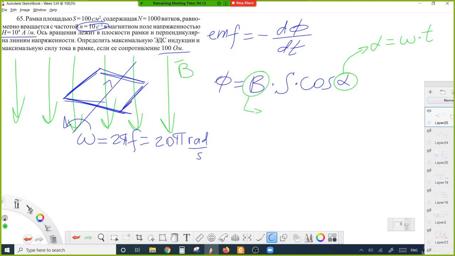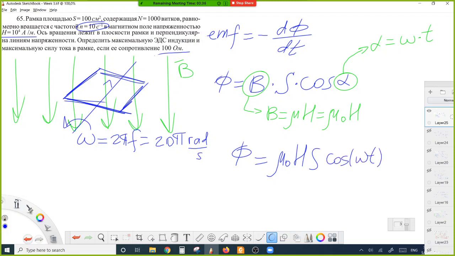For B, we have the equation B equal to mu multiplied by H. Mu in our case is equal to mu zero, because we are working in free space or in the air, and B will be equal to mu zero by H. Well, Φ equals mu zero H S cosine omega t.